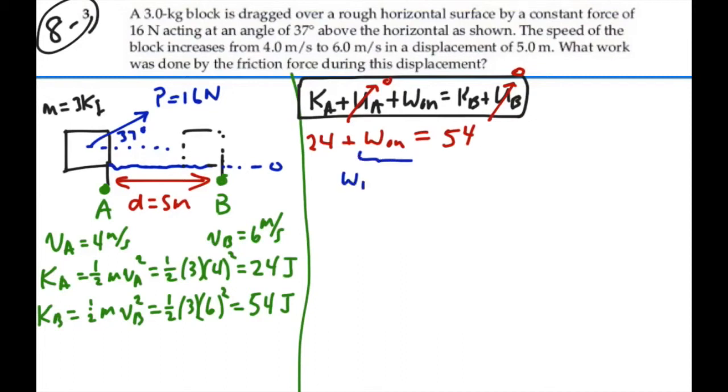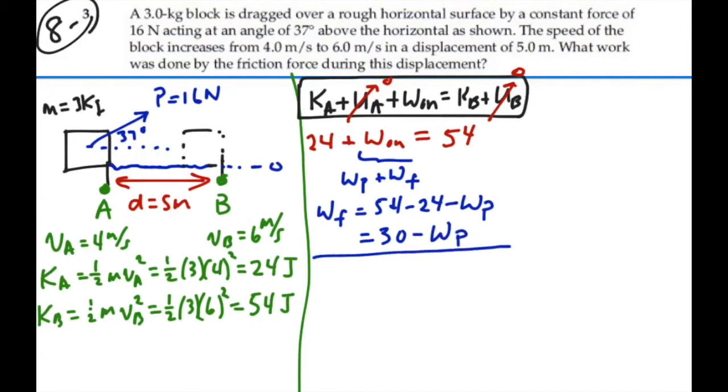There's a work done by the force P, and there's a work done by friction. So if we were to solve this equation, the work done by friction is 54 minus 24 minus the work done by P, or in other words, 30 minus the work done by P.